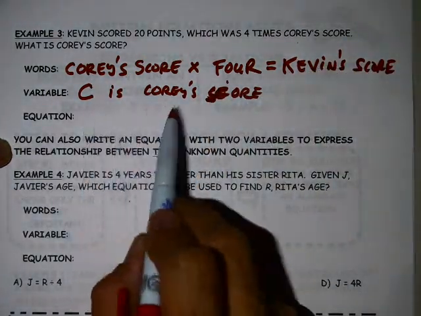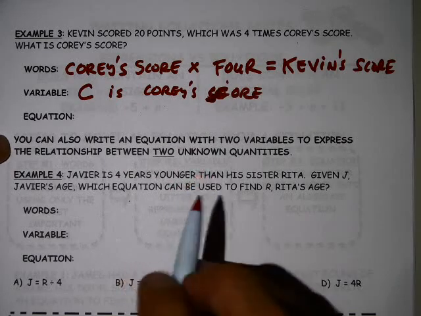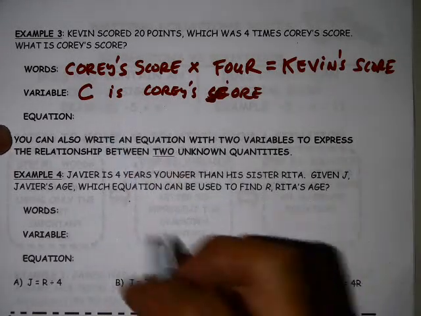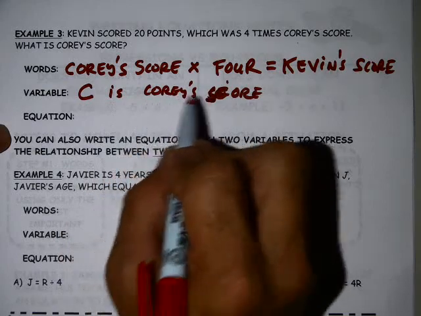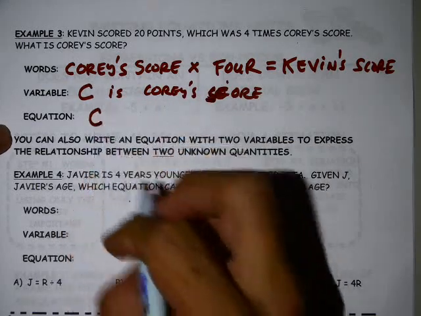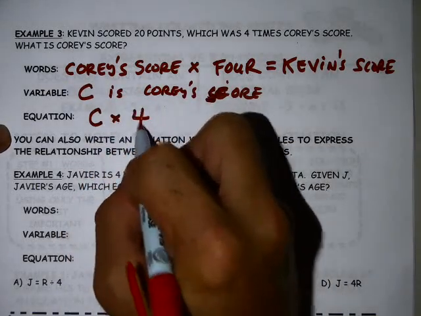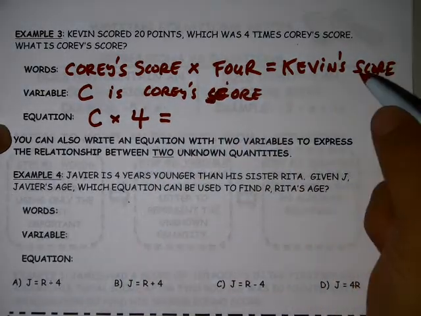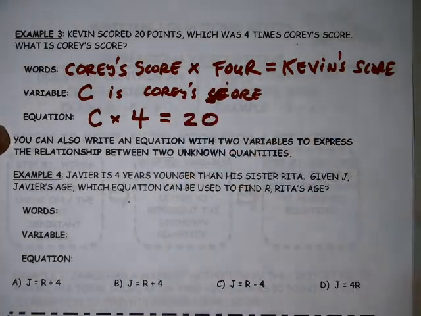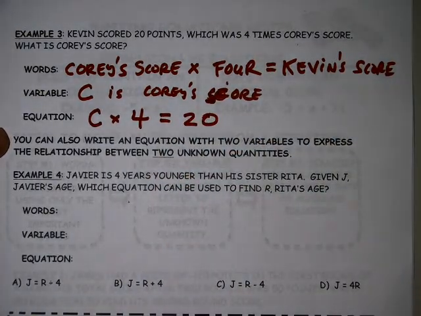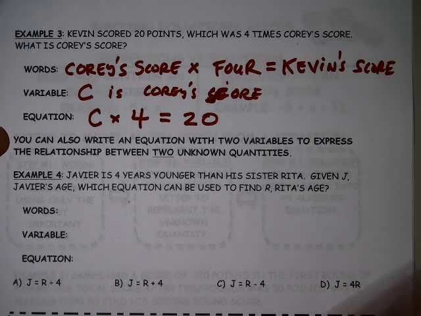So C is for Corey's score. Now we're just going to fill in the equation. Well, Corey's score is what we don't know, so we're just going to leave that C there. Times 4 equals, and what was Kevin's score? Kevin's score was 20. Now, obviously we could figure out that Corey only scored 5 points. We'll get to that later, but that's how we would write it.